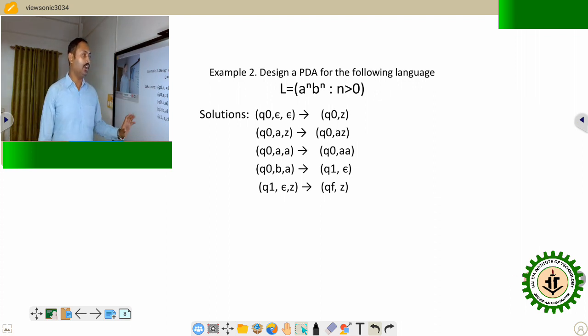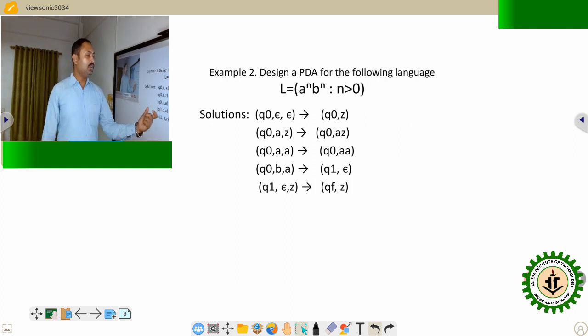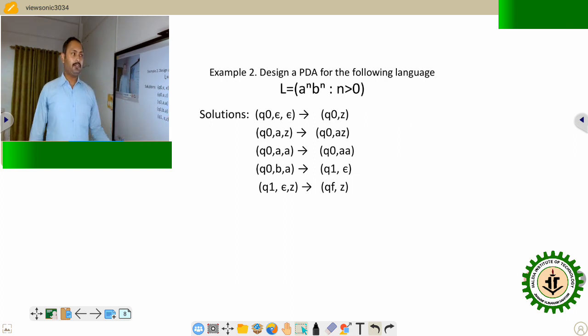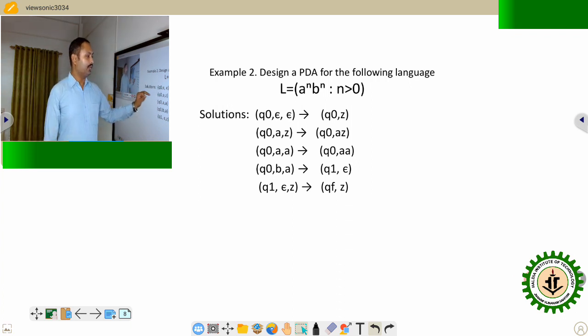How? A to the power n, B to the power n means the number of A and the number of B are always equal. So the first thing is that we have to input Z, which is the notation of the stack, showing whether the stack is empty or not.